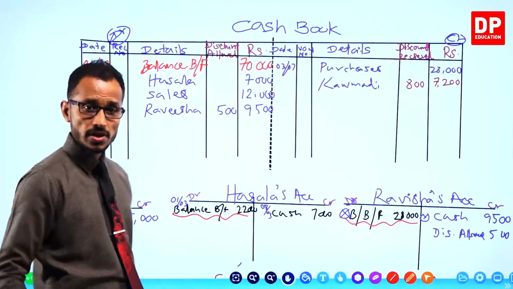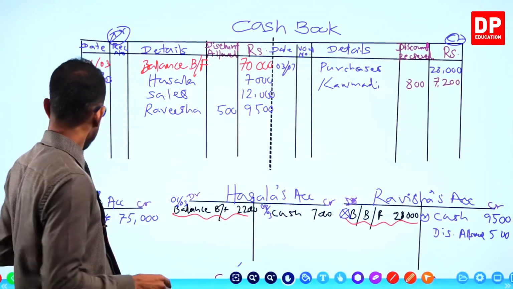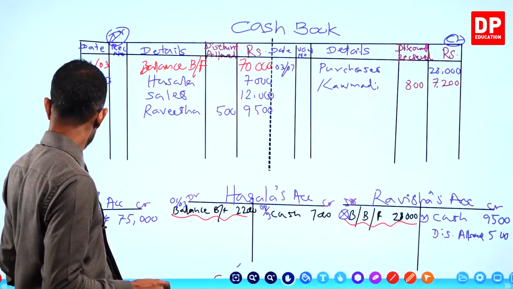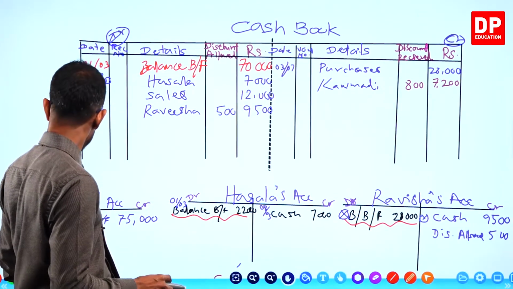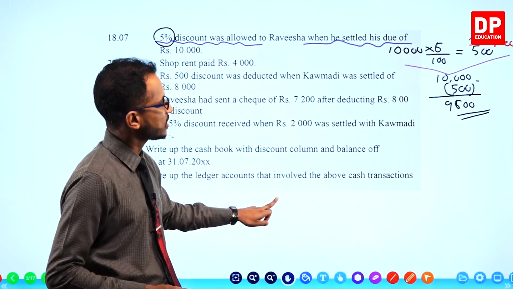With this, children, I'll just check out how many transactions we have left. We can finish off this exercise for this activity.